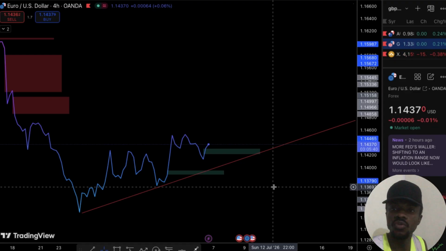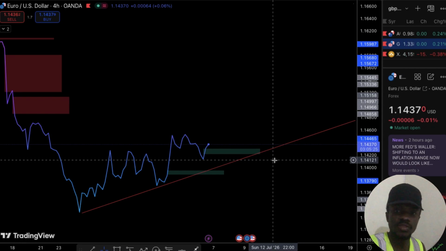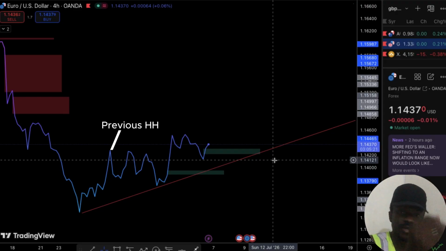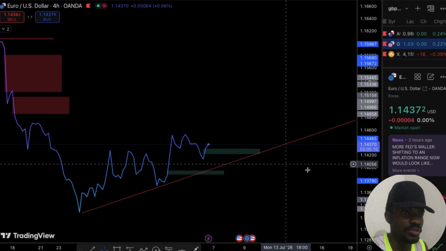Now, for us to get an entry, I have to make sure that I'm getting the pullbacks. I'm getting the break of the previous higher high, and the market coming back to retest the previous high, which was, let's say, a resistance. I hope you're getting me. Let me show you in action.